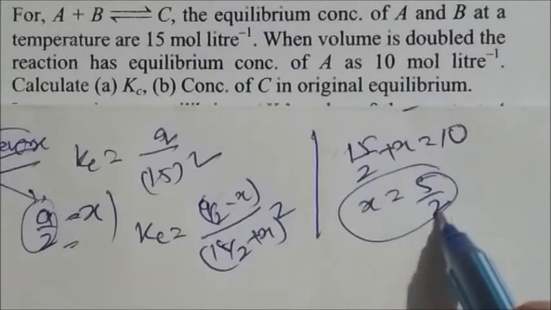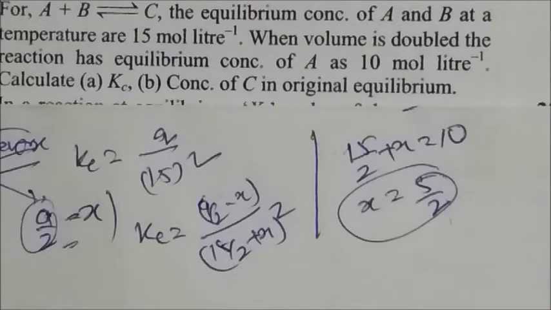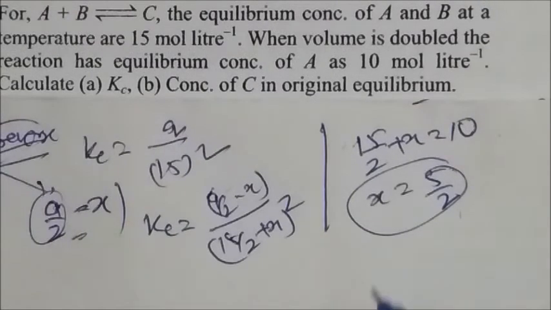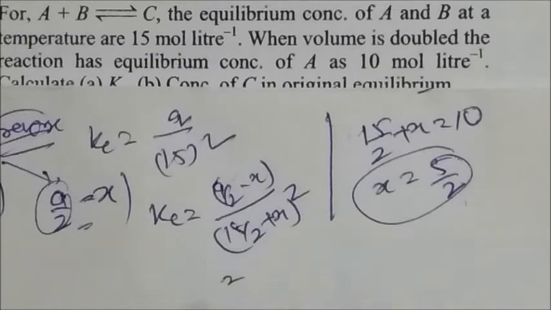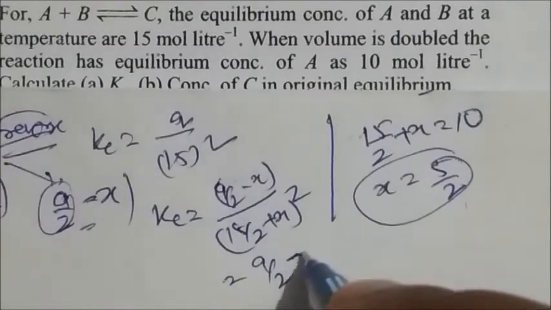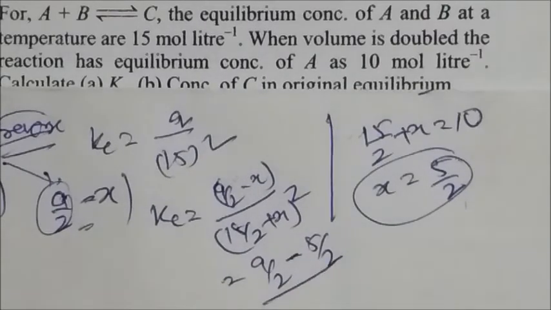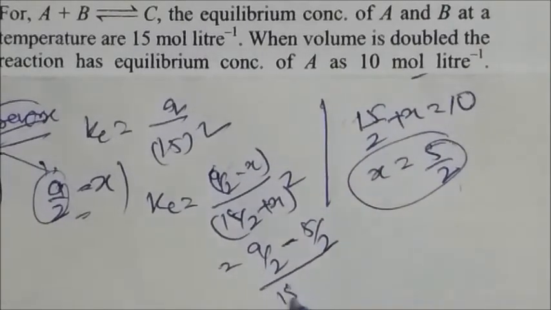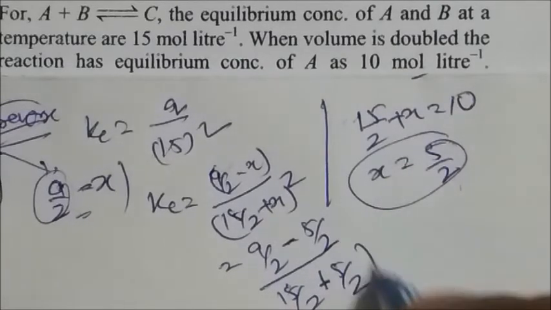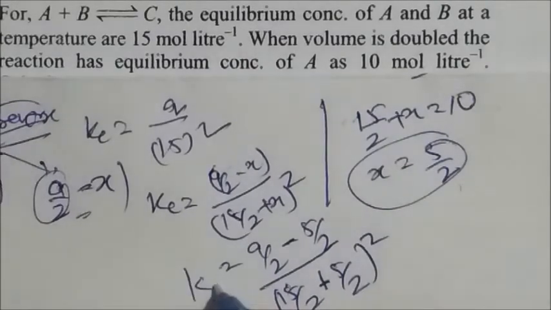Now we can substitute the x value over here. So Kc will be equal to (A by 2 minus 5 by 2) divided by (15 by 2 plus 5 by 2) whole square, that is equal to Kc.